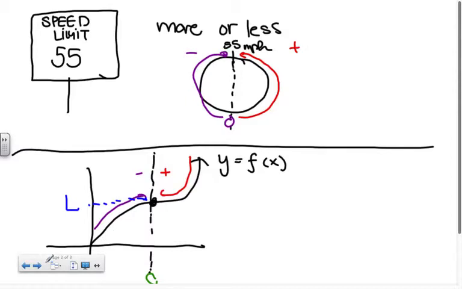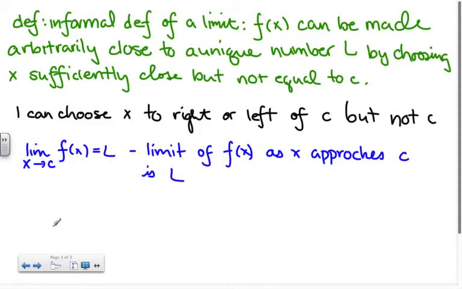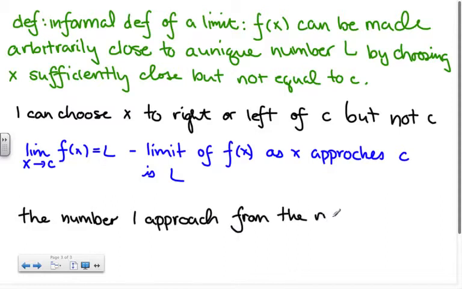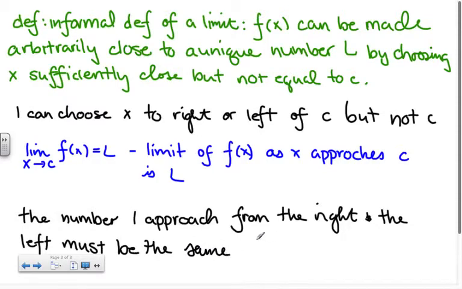In order to have a limit, the number I approach from the right and the number I approach from the left must be the same.